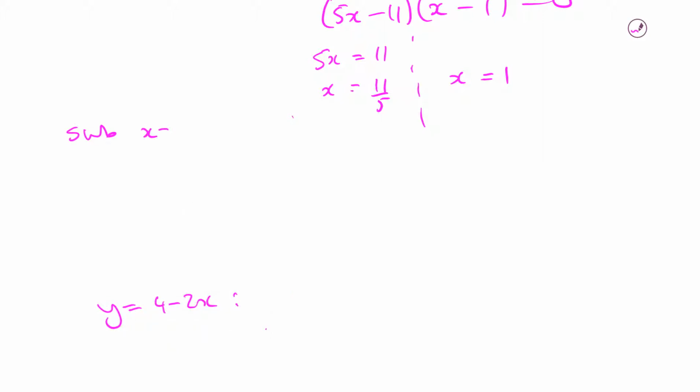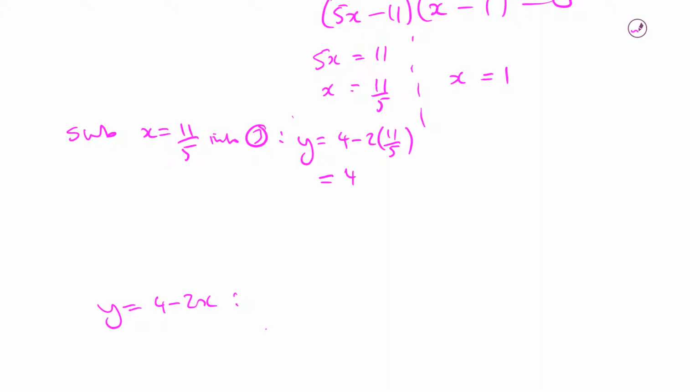So substitute x equals 11 fifths into 3, and you get y equals 4 minus 2 times, bracket. Bracket means times, doesn't it? I like brackets. It kind of shows something was substituted. It's a nice way of doing it.